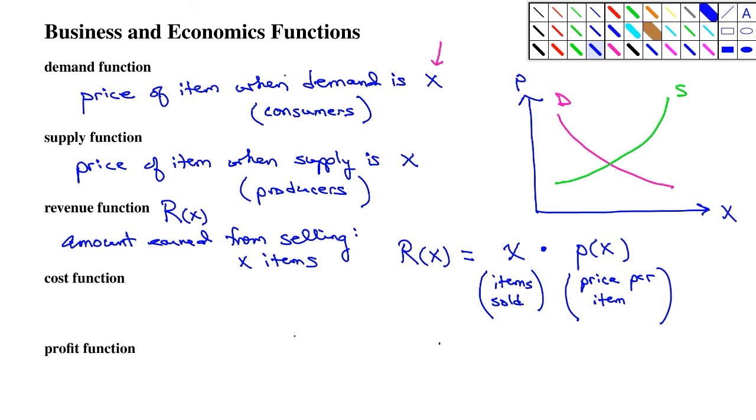If you're going to buy X items, and those items cost P, then the total revenue that you have to send into the company to buy those items is X times P. What's a little bit strange about this that we don't think about very often is the fact that this P of X is actually a function, which means that the price of the items change depending on how many items you're going to buy. I like to think of this as the Walmart versus Sam's Club scenario.